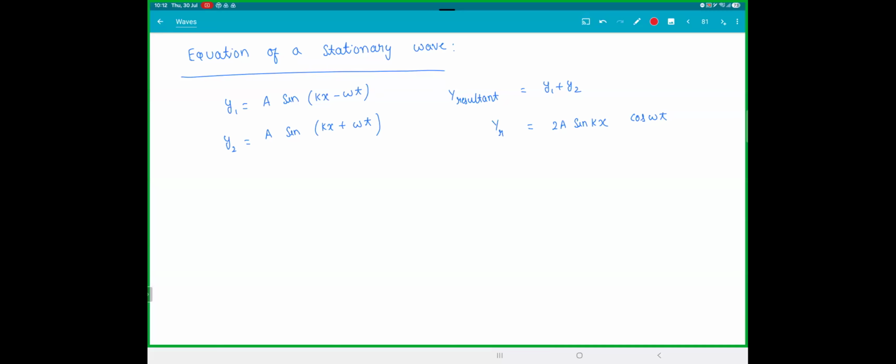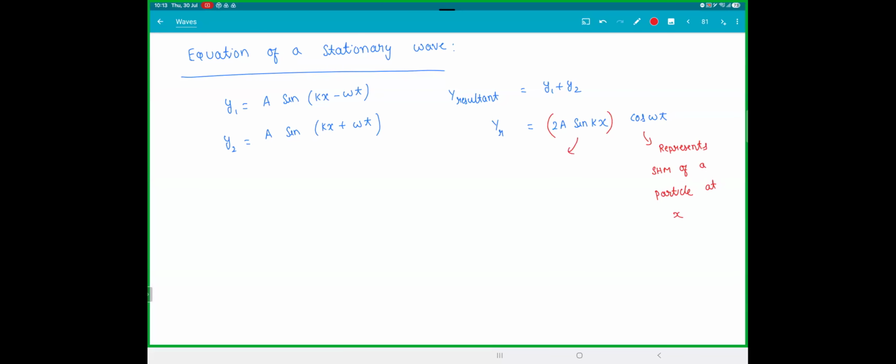Now, this is a very interesting equation. If you look at this equation, it has two terms. This cos ωt is looking like SHM. This represents SHM of a particle. So a stationary wave is a combination of two progressive waves. This represents SHM of a particle at x.